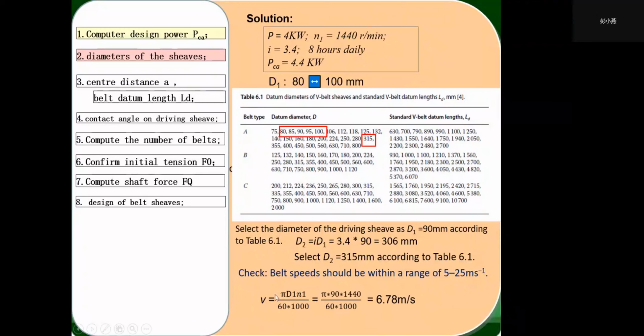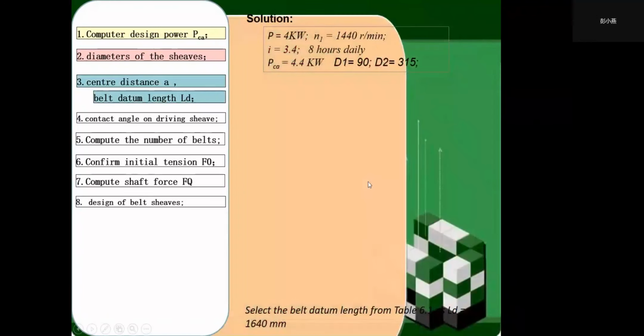The calculated value is 6.78, which is within this range, right? So the selection is acceptable. So we choose D1 is 90 millimeter and D2 is 315 millimeter.